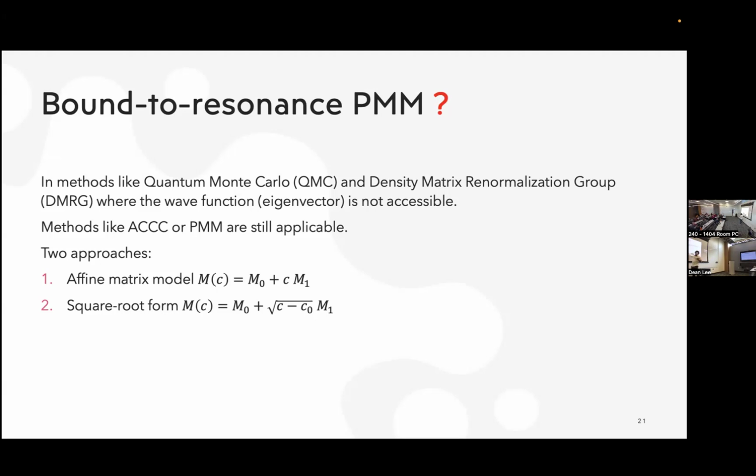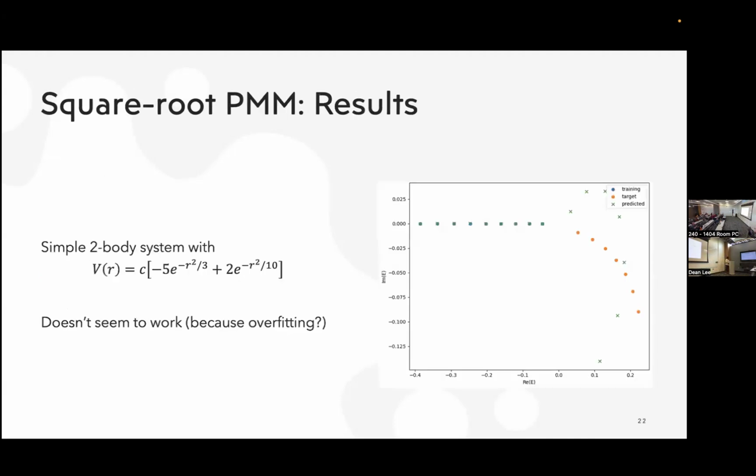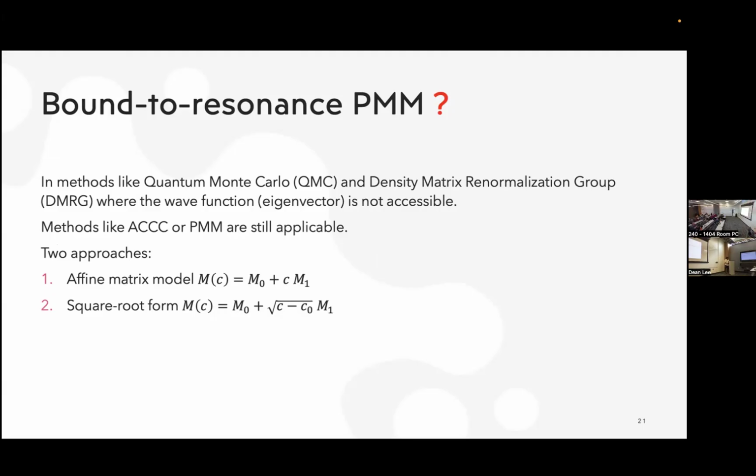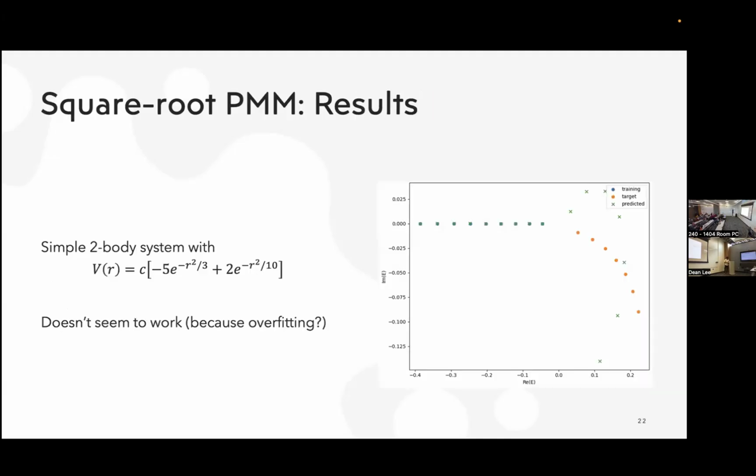We can either go with the usual way and define a affine matrix model, or we can take some inspiration from ACCC and define this kind of a square root form. I just show you, so there's a big question mark here because, spoiler alert, we cannot get it to work, unfortunately. We are curious why it doesn't work.